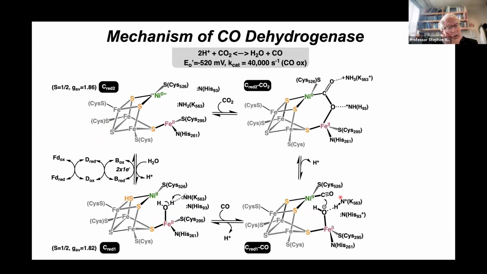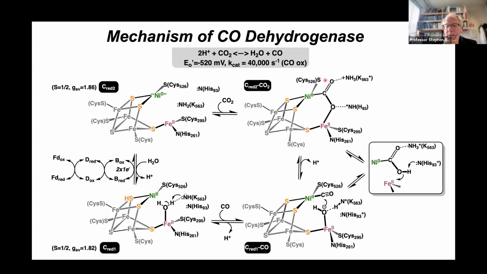Then that undergoes an attack by this water. There's a deprotonation that takes place. That water binds the carbon monoxide to make a carboxylate and a bridged CO, an intermediate that is seen as shown here on the right.